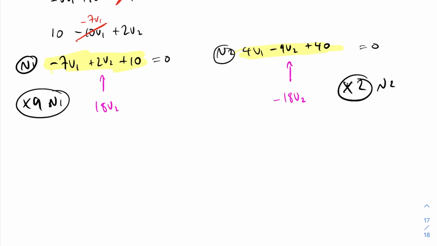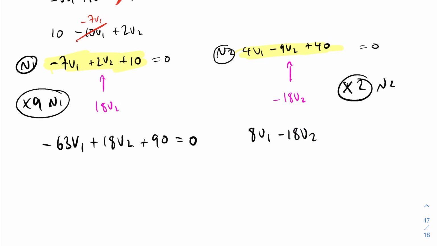Okay, so minus 7 times 9 is minus 63 v1 plus 2 v2 times 9 is 18 v2, and then plus 10 times 9 is 90, and this is all equal to 0. And then 4 v1 times 2 is 8 v1 minus 18 v2, and then plus 80 is equal to 0.